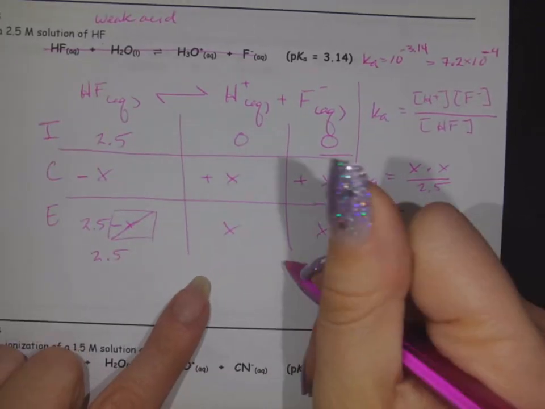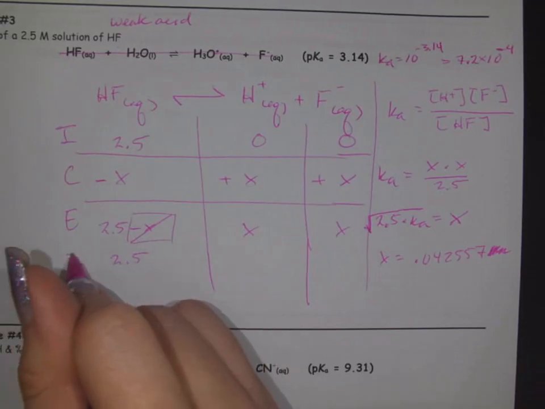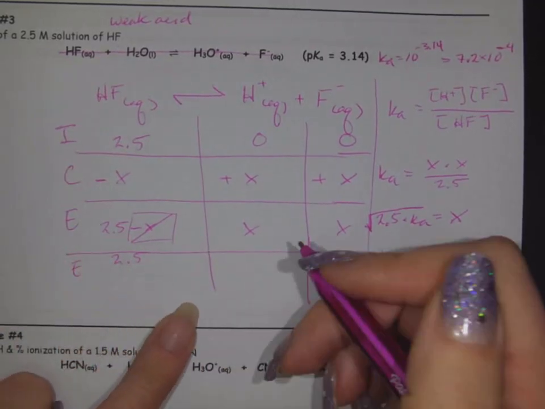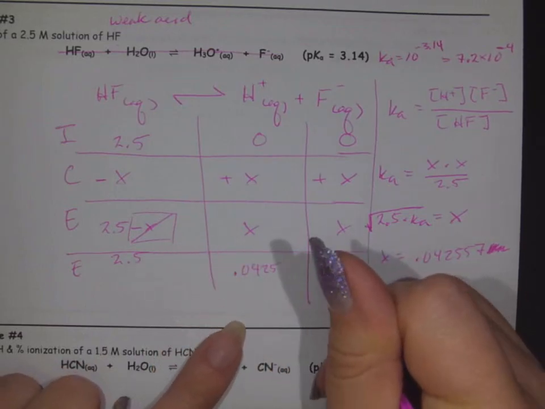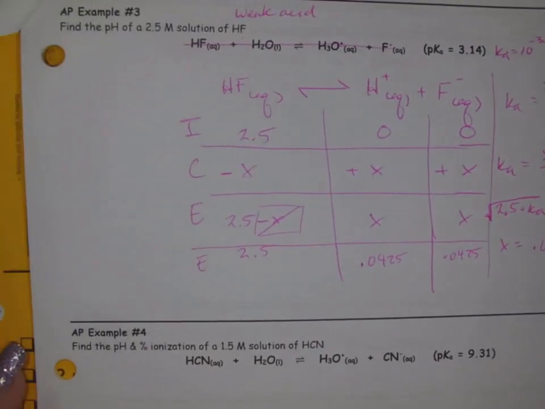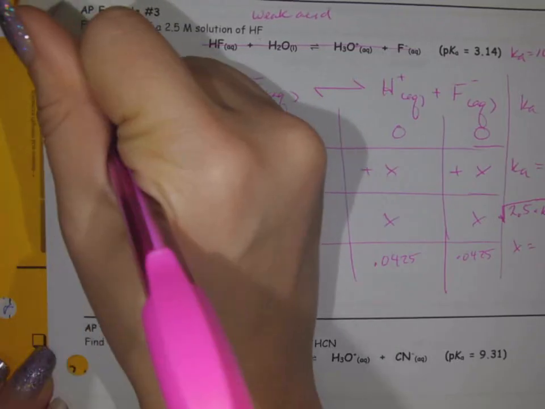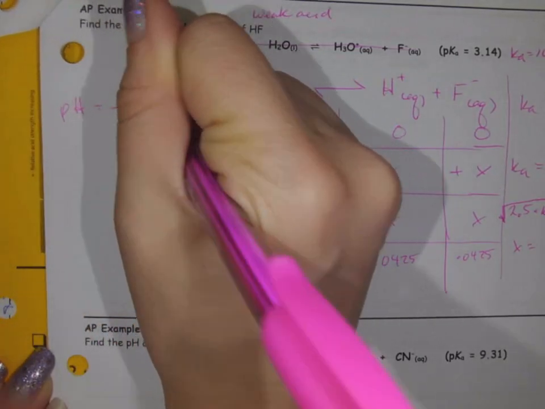So at equilibrium, this was 2.5, x is 0.0425, etc. So then how do we solve for the pH? Well, pH is equal to the negative log of the concentration of H+.